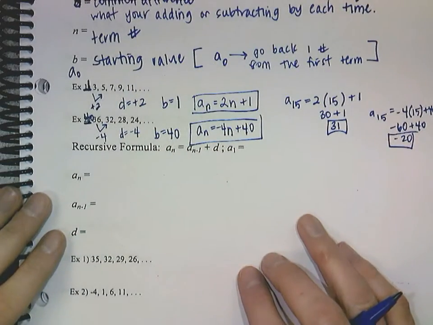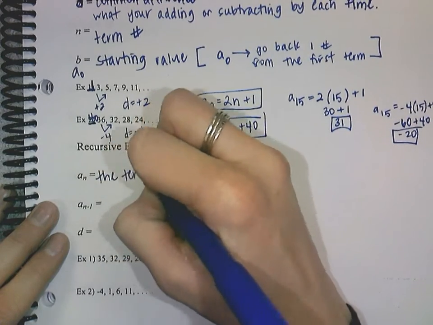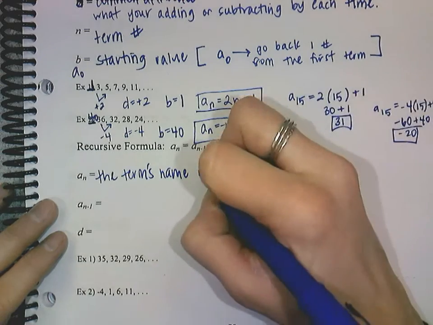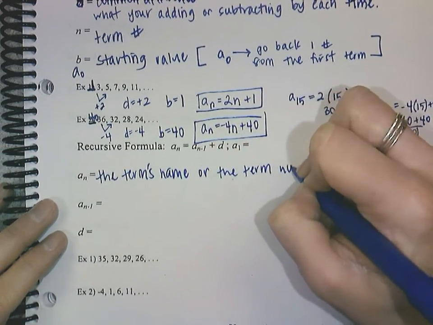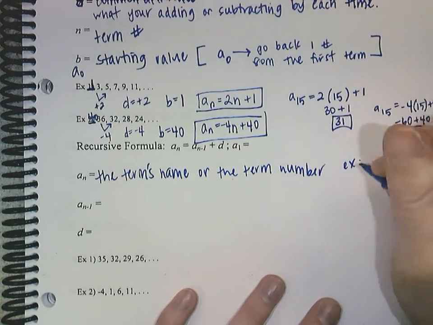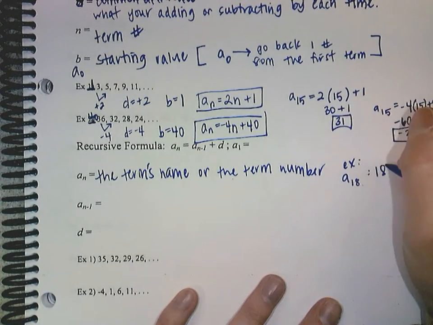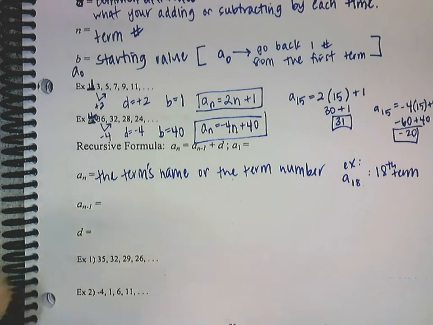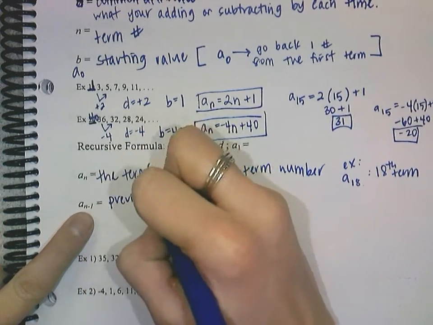Okay, so a sub n is the term's name. And this is very similar to the explicit. We also call this the term number. My example for this is if you had a sub, I don't know, 18, then this would be the 18th term. Okay, so a sub n minus 1 is the previous term.